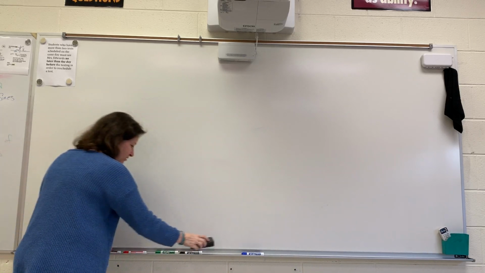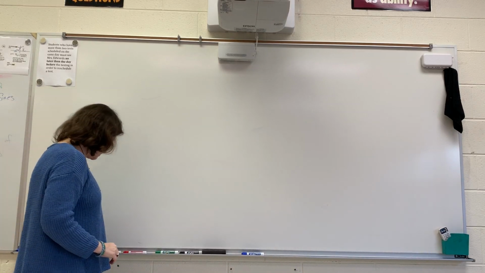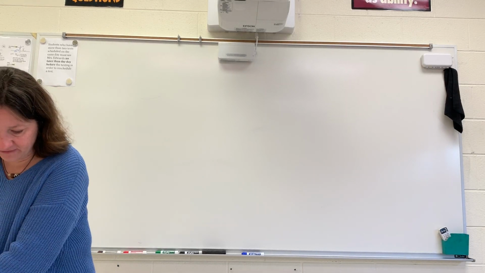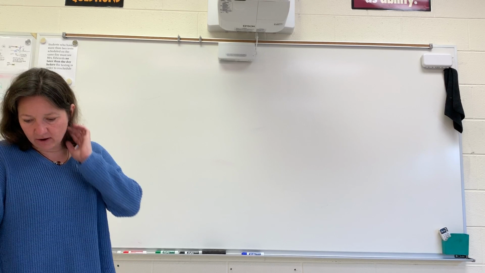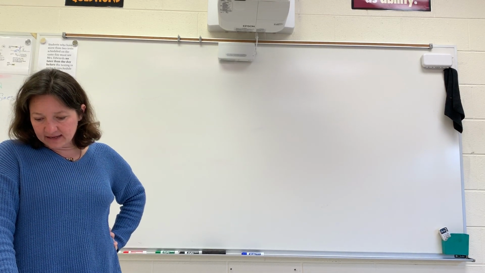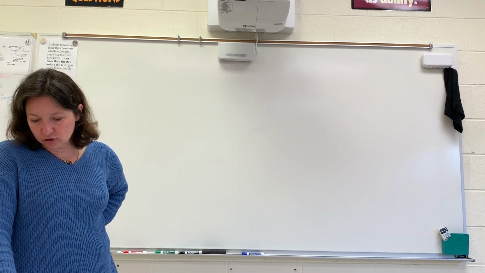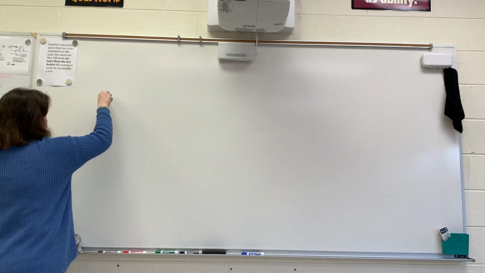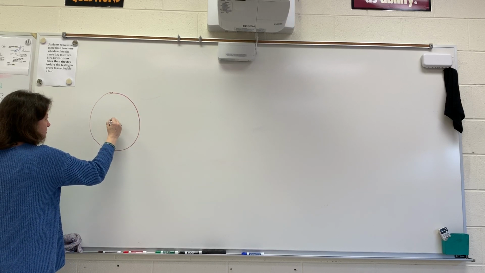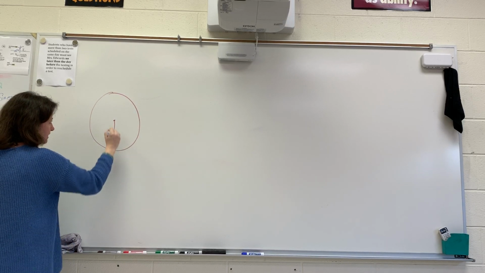And I don't have anybody to read it for me, so Ms. Conrad's going to have to read it. It says, as you ride a Ferris wheel, the height that you are above the ground varies periodically as a function of time. Consider the height of the center of the wheel to be the starting point. So in other words, I'm on this circle, this Ferris wheel. Here's the center of my Ferris wheel, standing up off the ground.